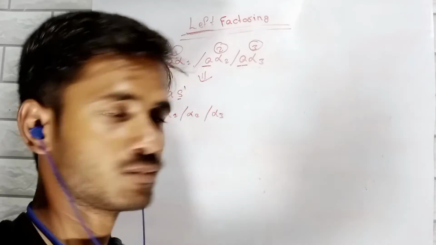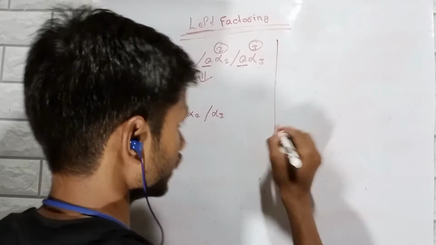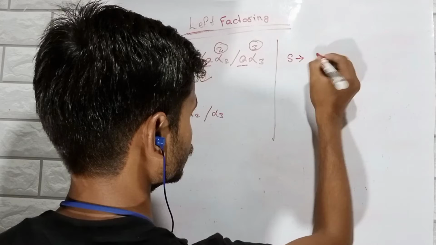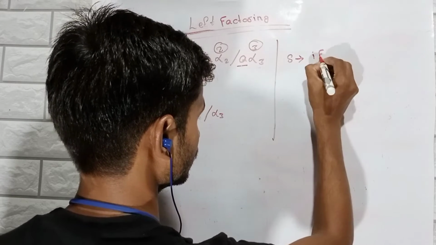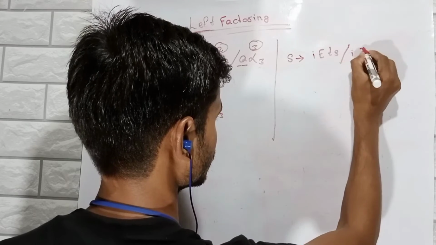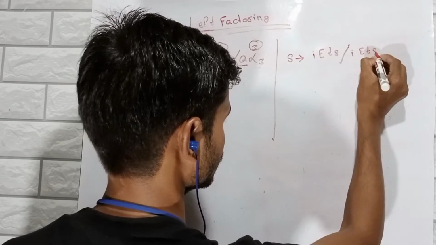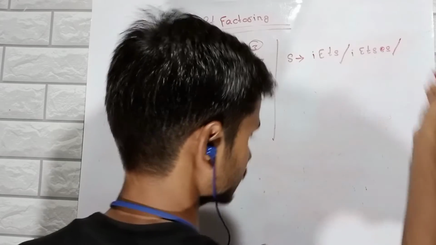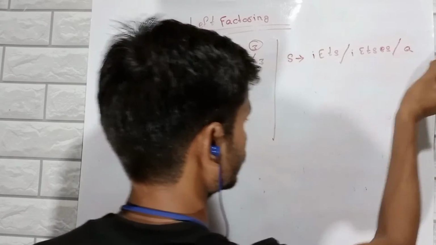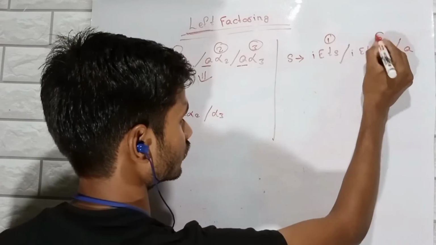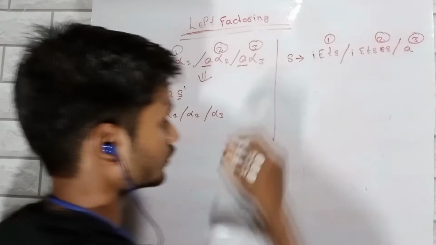I am taking one more example in which I will remove the left factoring. Here the question is S goes to I E T S slash I E T S E S slash A. First I will give a number to each production, that is 1, 2 and 3.